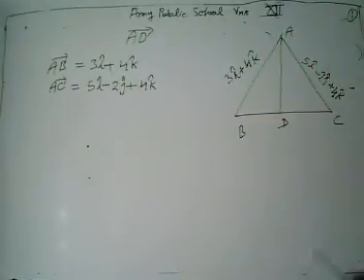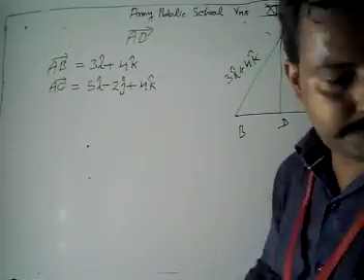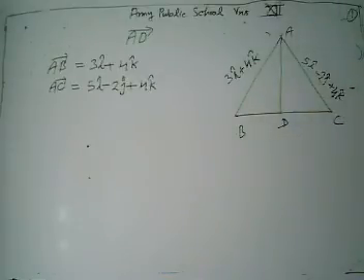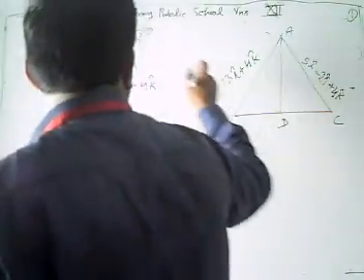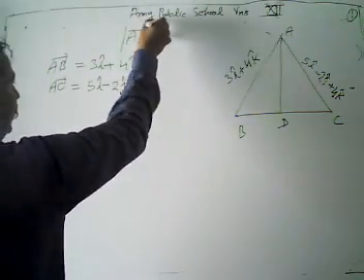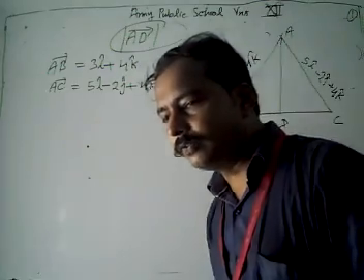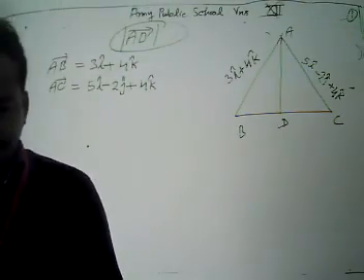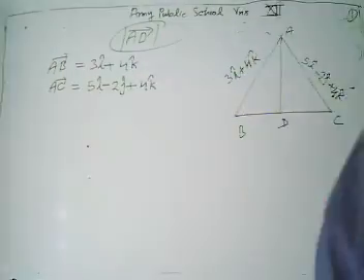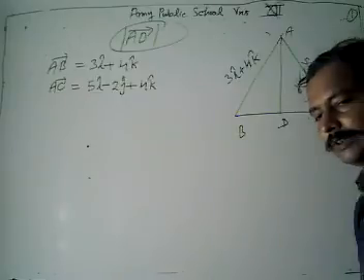Now look, we have to find the length of the median through A, which means the length of median AD, which means the modulus of vector AD. How can we get the length of AD?